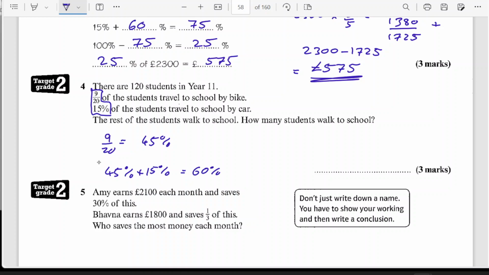So for the rest of the students, we want to work out 40% of 120. We can actually do this without a calculator, so 10% would be 12, so it's going to be 12 times by 4, so it would be 48. Absolutely fine to do that on a calculator though.